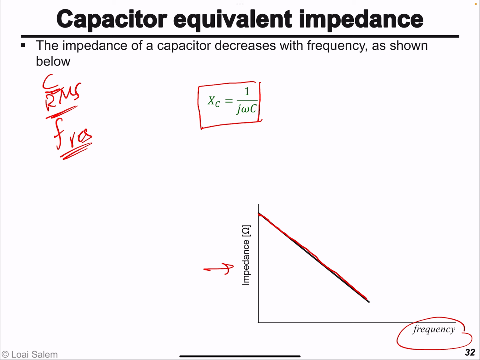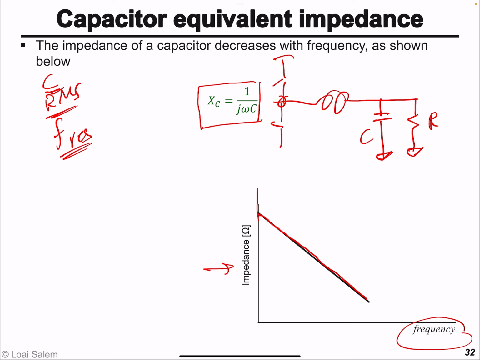And if we look at the frequency domain, this is the load resistor of the buck, and then you have the switches here. As we know, there is the current that's coming from the inductor. All the harmonics will flow into the capacitor, while the DC component of the inductor current will flow into the load resistor.